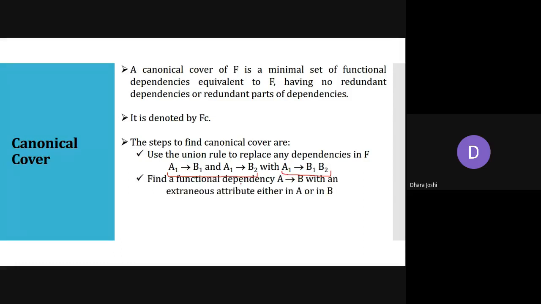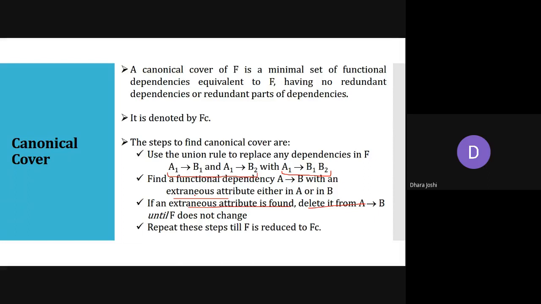If we have any extraneous attribute, and now we know what an extra or extraneous attribute is, in any part, left or right, we need to find that extraneous attribute and delete it, such that the functional dependency does not change.